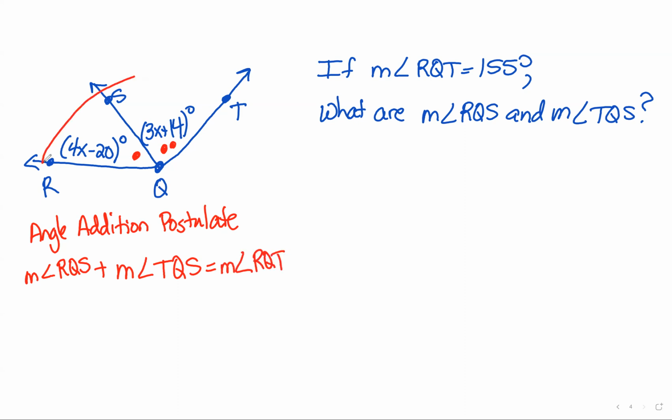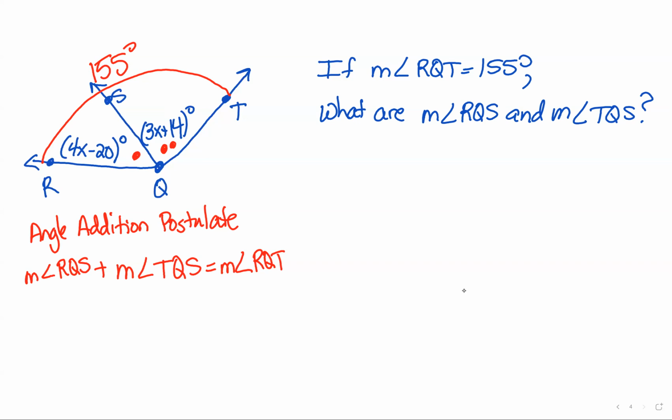That is this entire angle right here, which we were told in the problem was 155 degrees. So the angle addition postulate is a lot like the segment addition postulate. The two parts that make up the whole, you would add the two parts together to make up the whole. So in this problem, we are going to use the angle addition postulate now to solve for x.